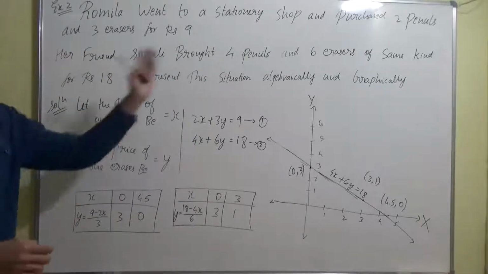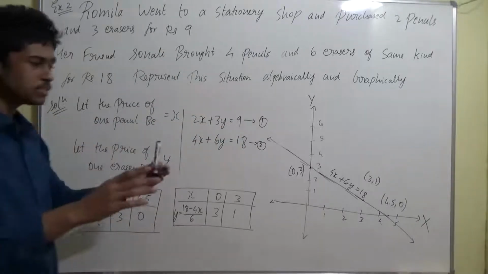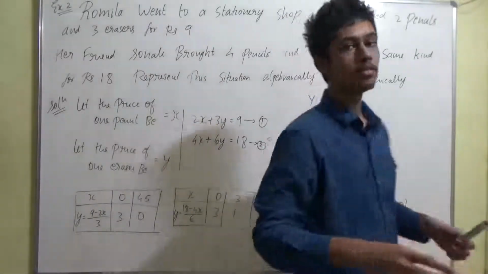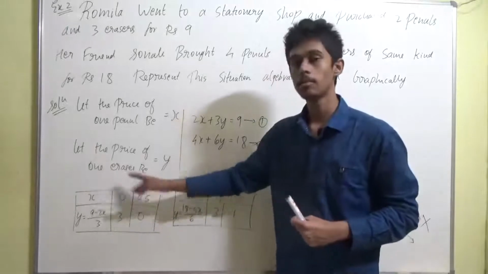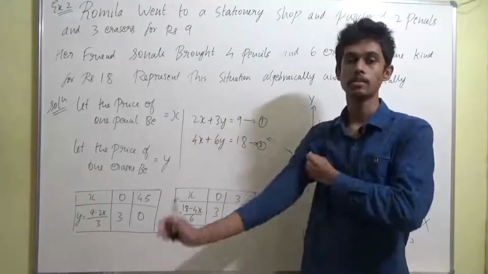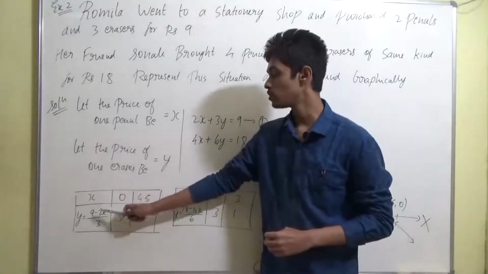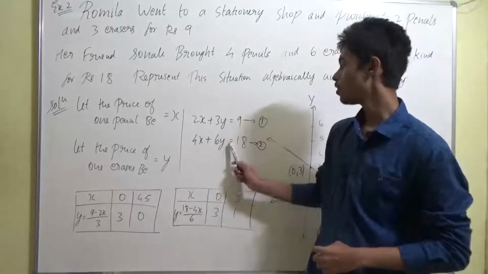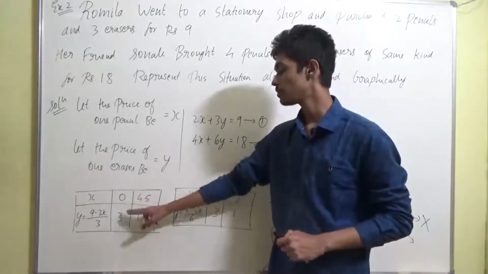Now to do the graphical representation from the algebraic representation, as we learnt in the chapter on polynomials, when we are drawing the graphs, we have to draw the tabular column first, like how we did in the last example. We have to take the values of x and y. In the same way for the second equation, we take the values of x and we get the values of y.